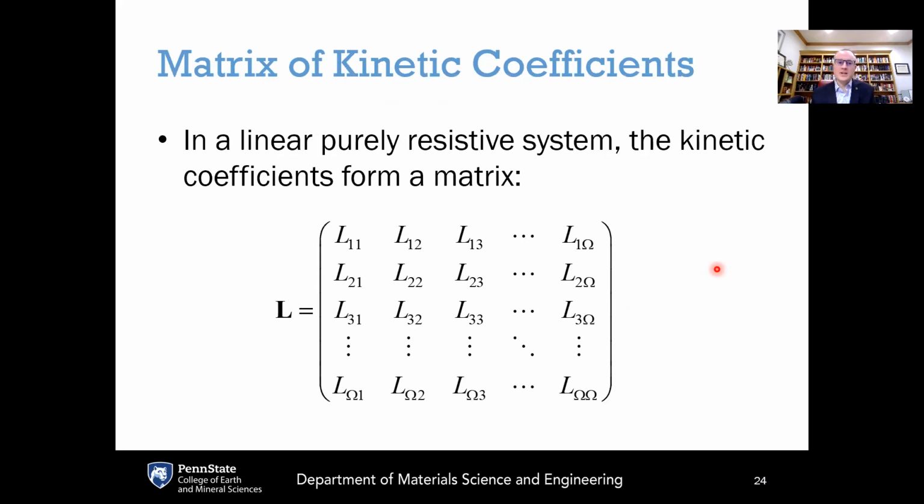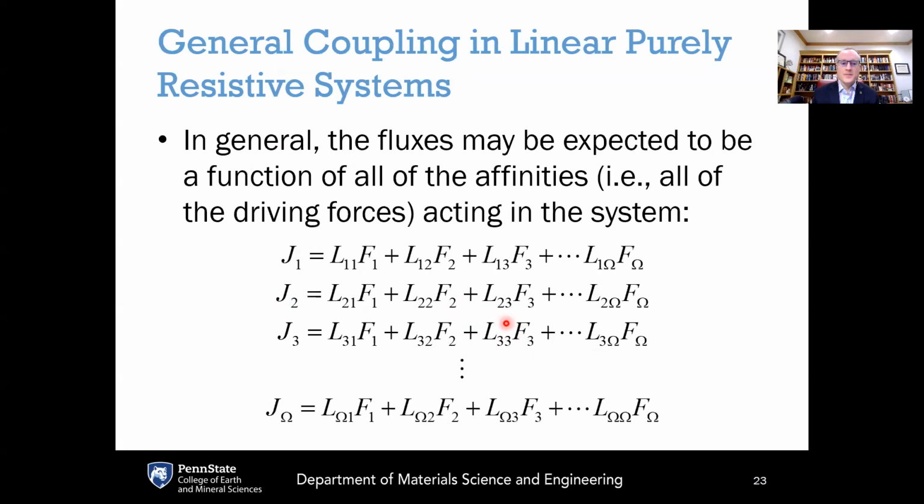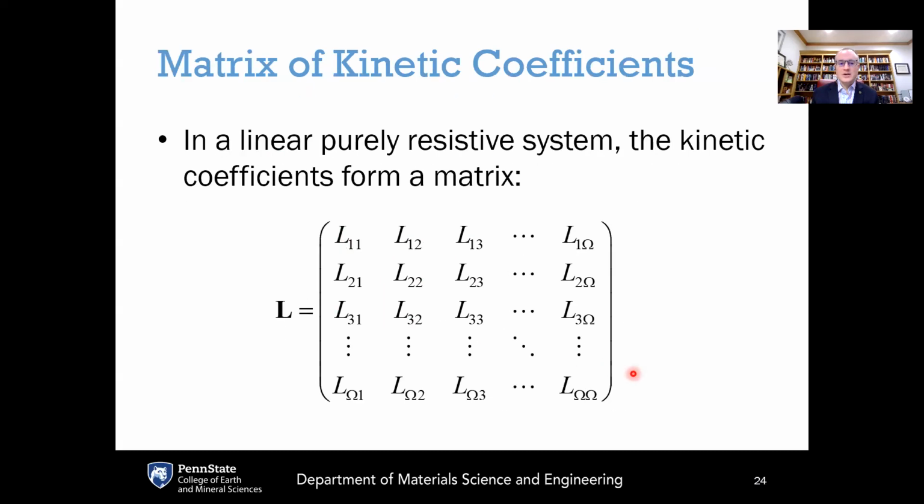And this naturally leads then to the formation of this kinetic coefficient matrix, this L matrix, which would have all of our kinetic coefficients that describe all of these coefficients here in this set of equations. And you'll note that along the diagonal here, we've got all of the terms that have the same indices, L11, L22, L33, and so on.